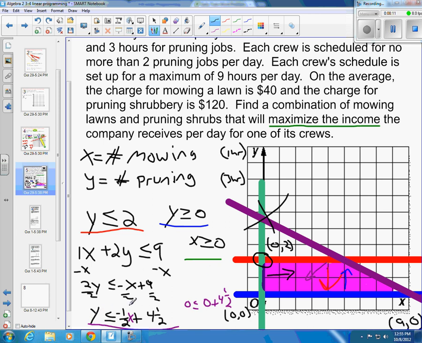So if I plug into this equation down here, where y is 2, so 2 is less than or equal to negative 1/2 x plus 4.5. That would be how I'd solve for that by substitution. So then I'm going to subtract 4.5 from both sides. So 2 minus 4 1/2 is negative 2.5.